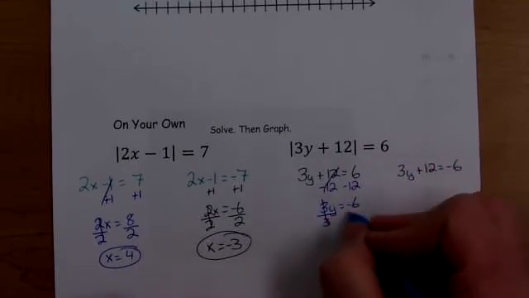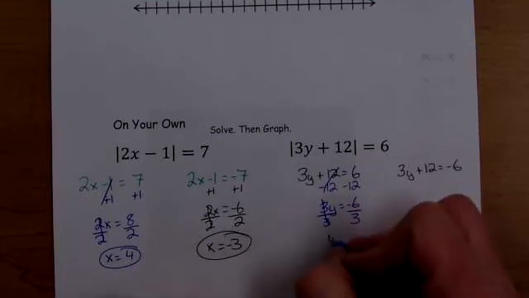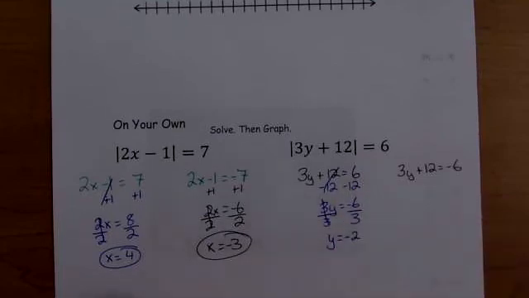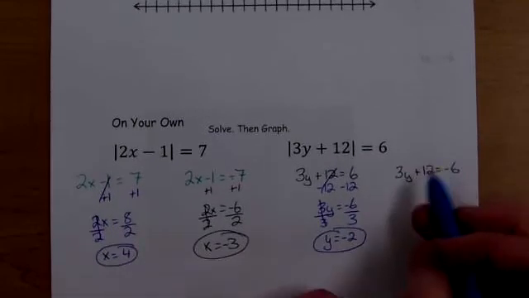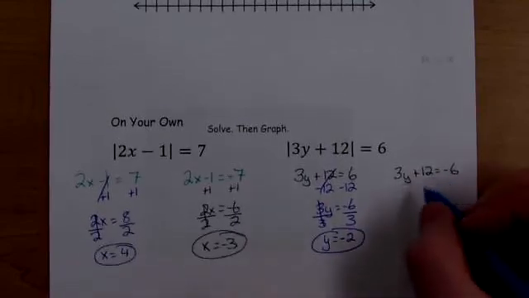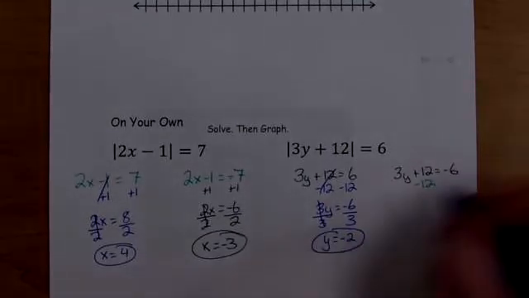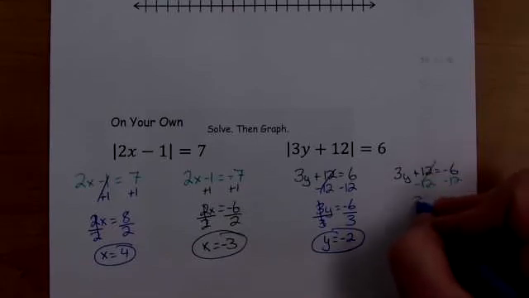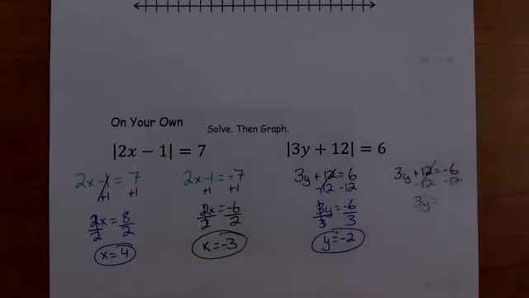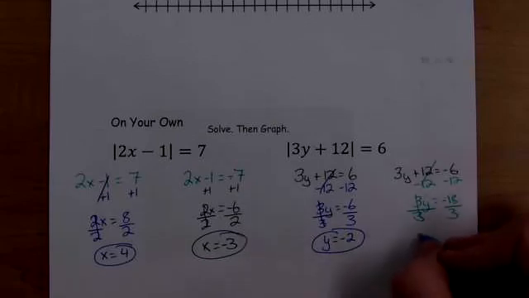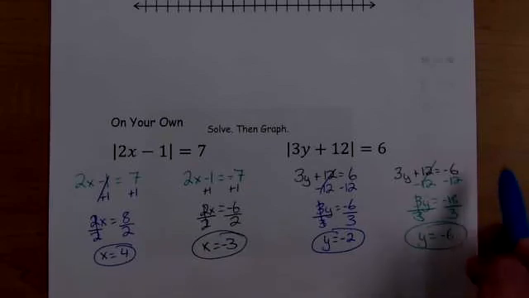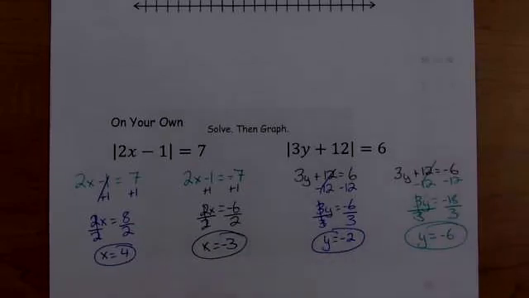Divide by 3, y equals negative 2. So there's one. Or subtract 12, 3y equals negative 6 minus 12, which is negative 18. Divide by 3, y equals negative 18 divided by 3, which is negative 6. So we could have these two possible solutions.